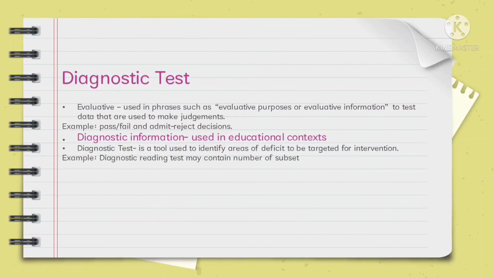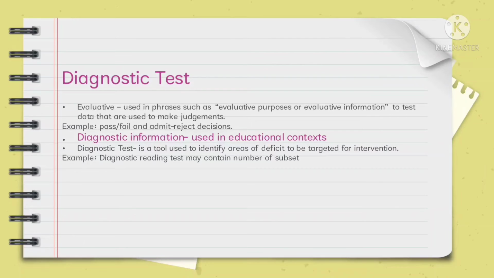The term evaluative, as used in phrases such as evaluative purposes or evaluative information, is typically applied to tests or test data that are used to make judgments such as pass or fail and admit or reject decisions.